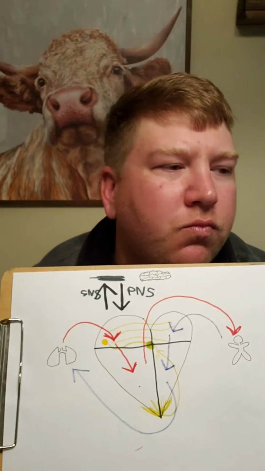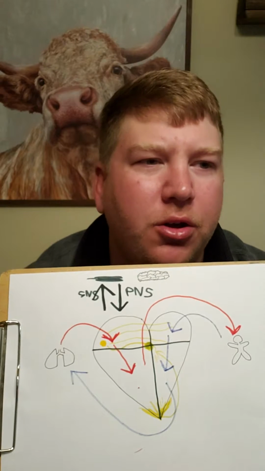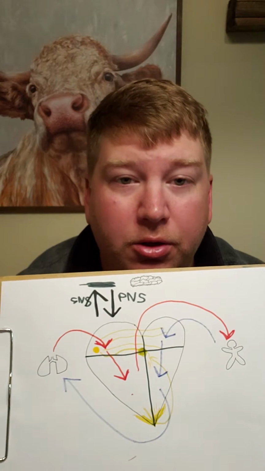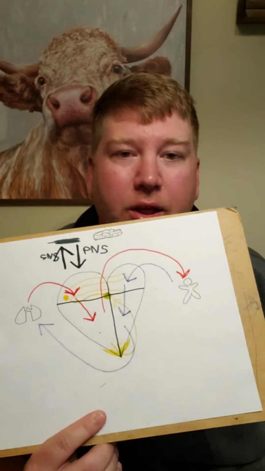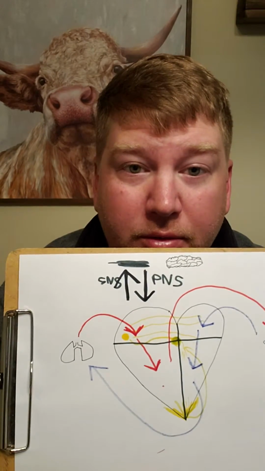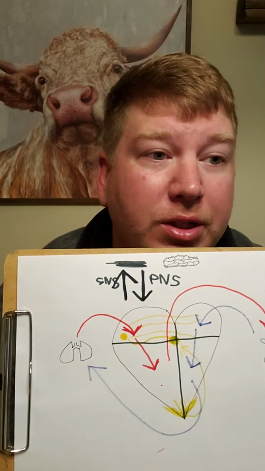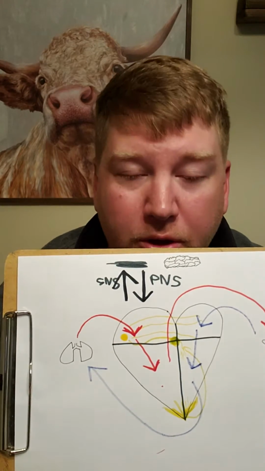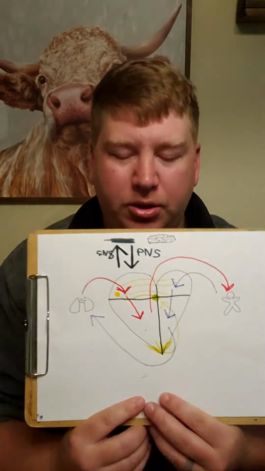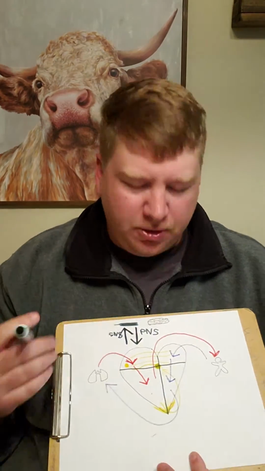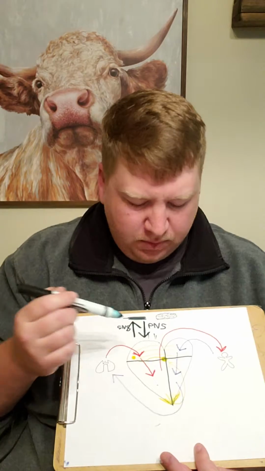Now, the things that slow down your heart, when you're just resting, your heart rate slows down. And on the other hand, when you're exercising, your heart rate speeds up. Or let's say you're drinking alcohol, it's going to slow down your heart rate. Doing morphine drugs is going to slow down your heart rate. So that's kind of just how the nervous system controls the heart here.